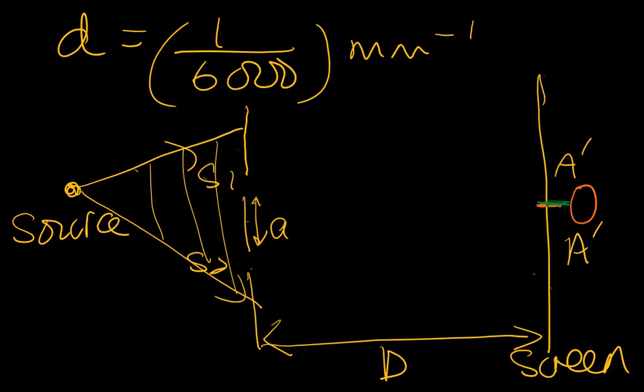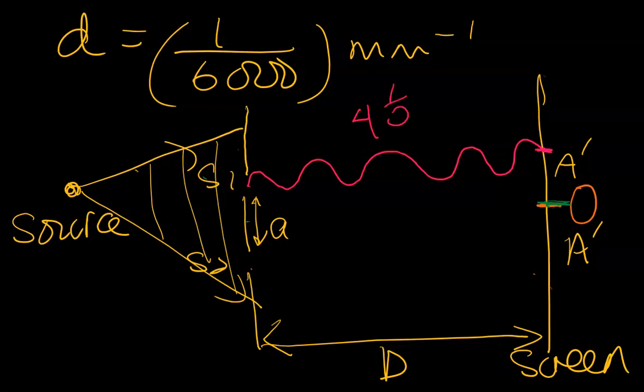So let's say now I have a wave from S1, and because it's going to a point higher than O, this A prime, it will be more wavelengths. So let me just say you have 4.5. 1, 2, 3, 4, right.